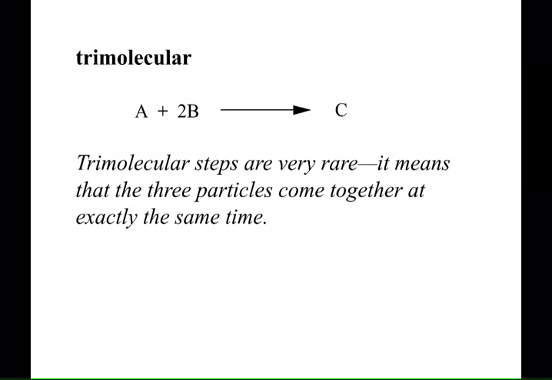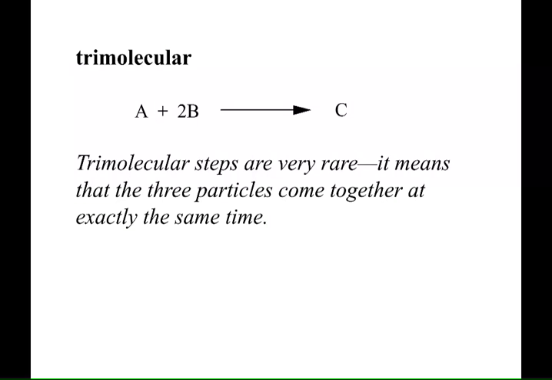I want you to put this in the back of your mind because it's important when you're trying to come up with a mechanism by which an overall reaction of interest is occurring. Termolecular is not very likely. Do you remember, was it three or four different things that go into making our reaction rate? One of them is that they need to collide. With termolecular, you are saying that in order for reactants to form products, you need to have three particles successfully unite.